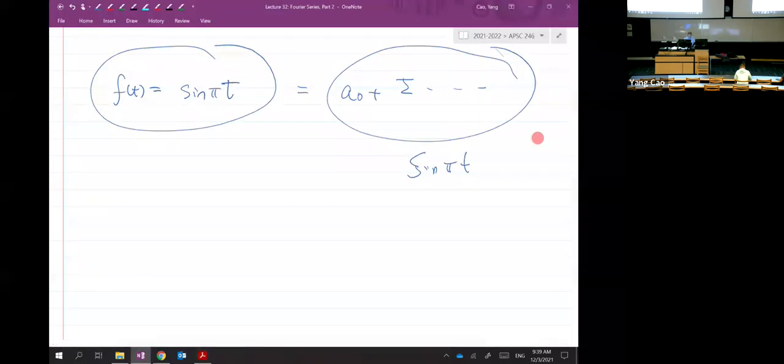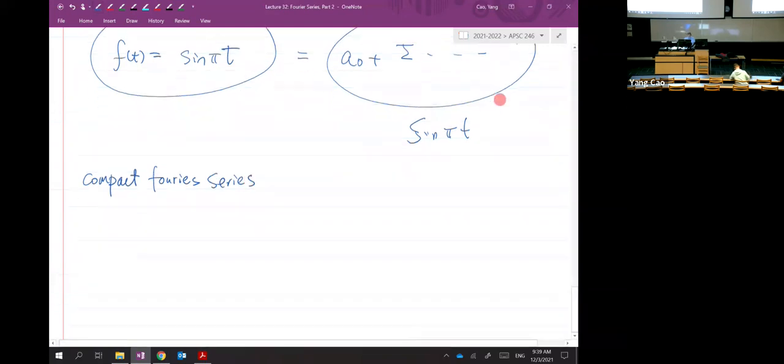Okay. All right, so let's continue from here just a little bit. I'm not going to change anything, but I'm going to rewrite this Fourier series in a more compact format. Essentially, we're going to use an identity.